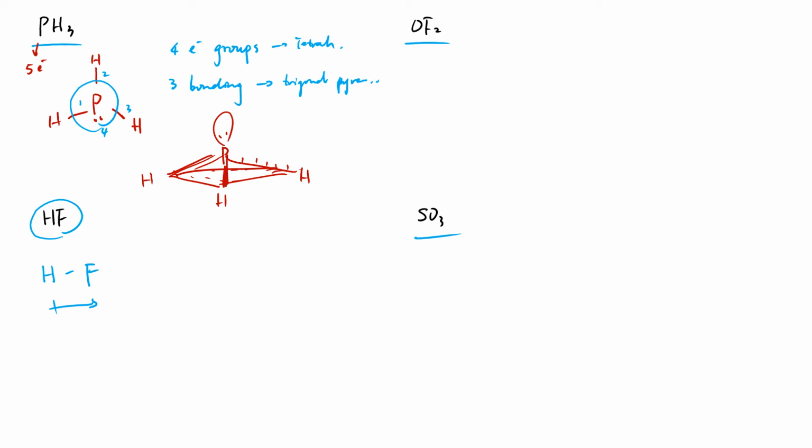And phosphorus has the higher electronegativity, so each bond will have a polar dipole moment like this. So we'll have a total dipole moment towards above. So it is the polar one.